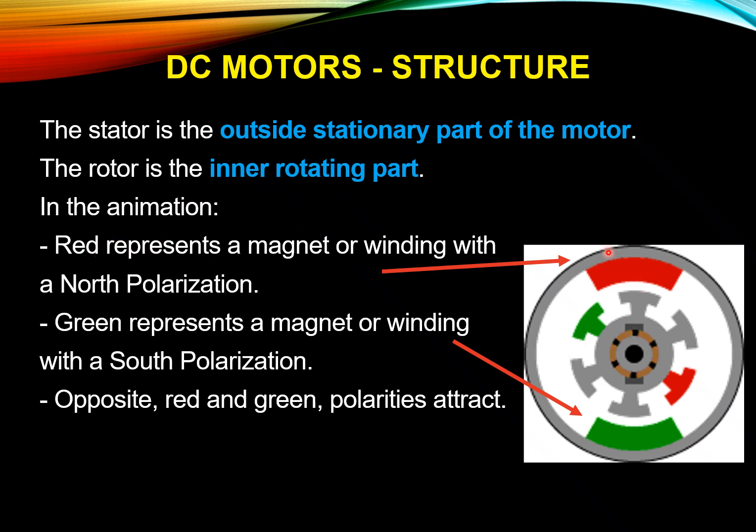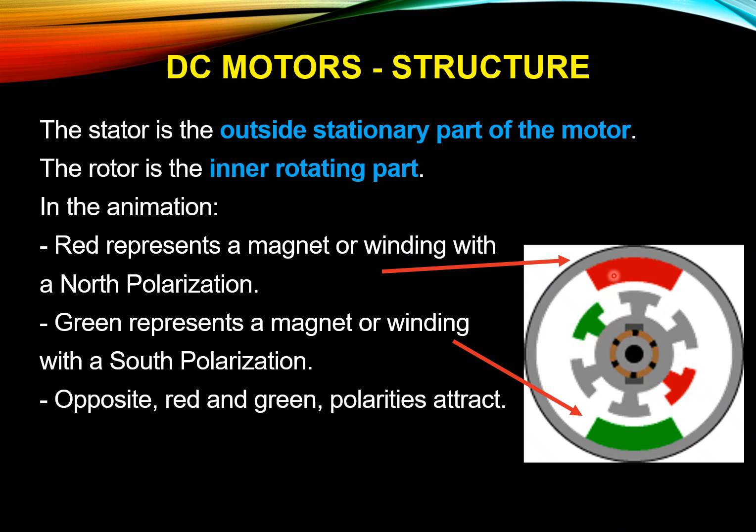In the picture we can see the red color. We call it north polarization because it involves a magnet, and the green represents the south. In the middle you have the rotor, and it will be energized to become either green or red.